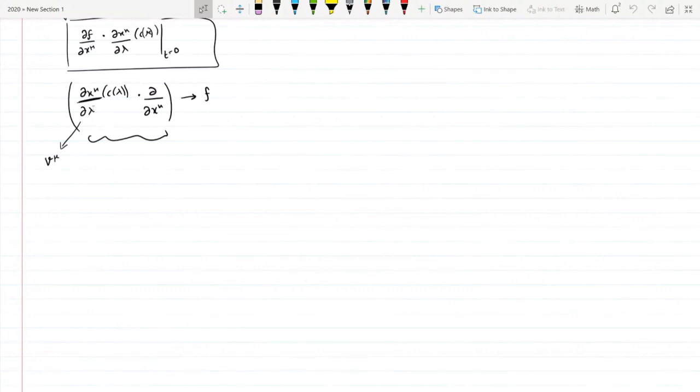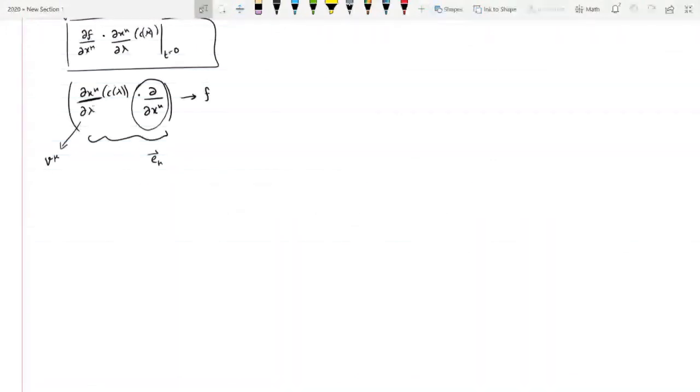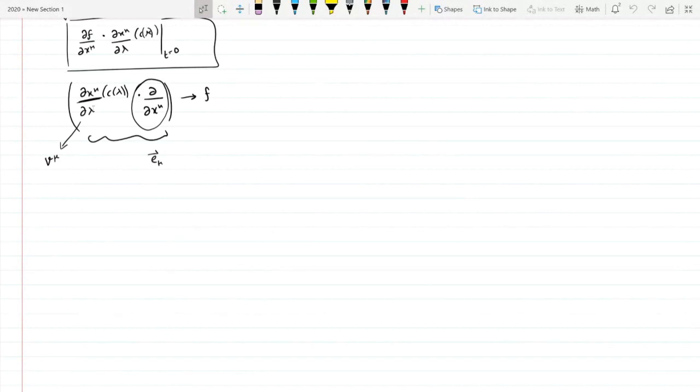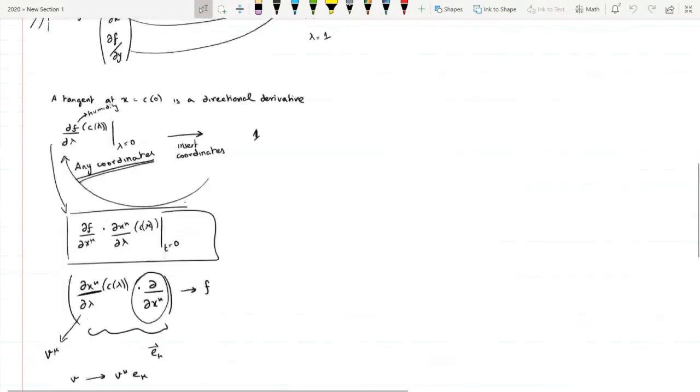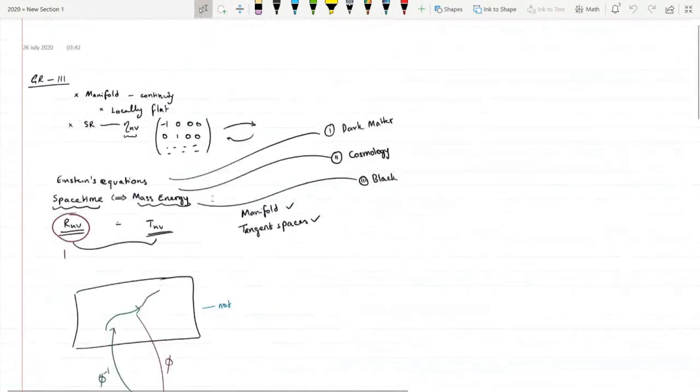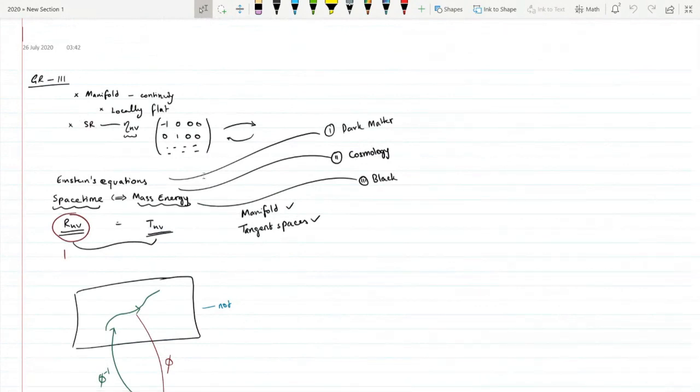And this differential operator on the right-hand side, you can now see, is in fact a basis vector. So all I've done so far is expand a vector into this form. I've taken a directional derivative, and this is an alternative definition of a tangent vector. Does anyone have any questions?